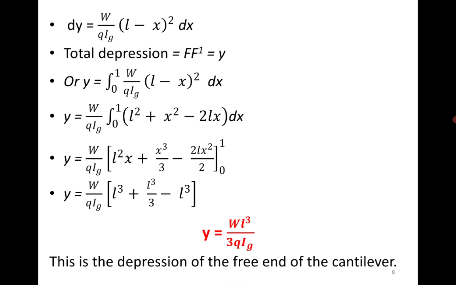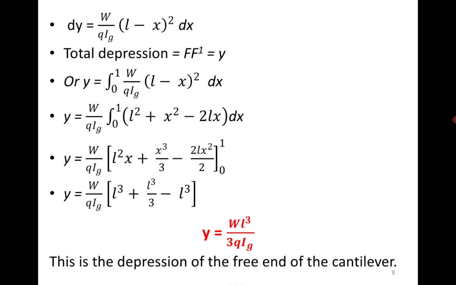Then y is equal to W by QIg. The integration of L square dx is L square x, the integration of x square dx is x cube by 3, and the integration of x is x square by 2, with 2L as the constant.